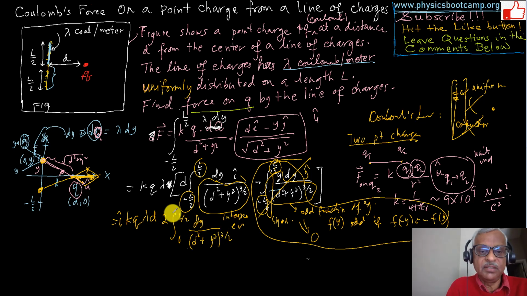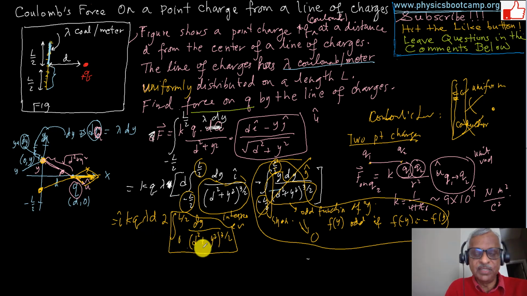So that's the integral I have to do. I can change variable, bring the d square out. I can look it up, and there are various ways to do it. I will do this integral and then I'll give you the answer.